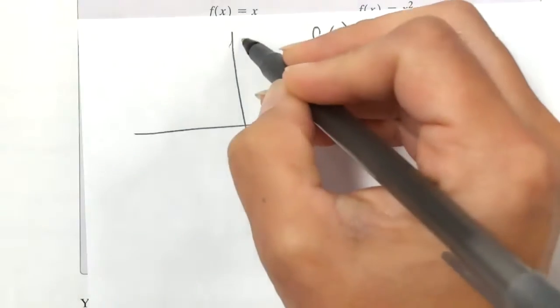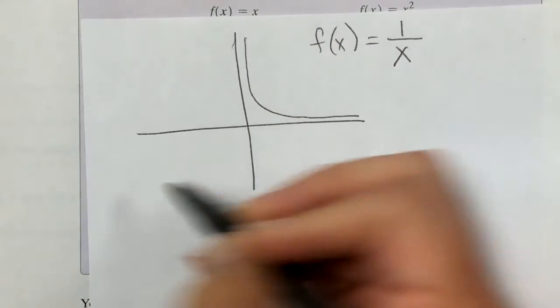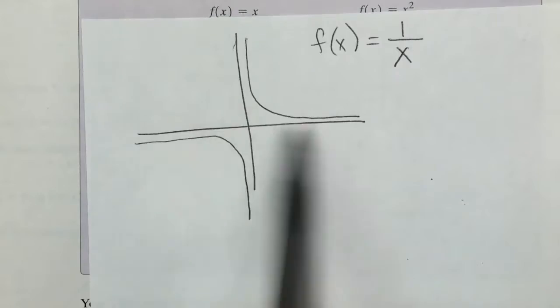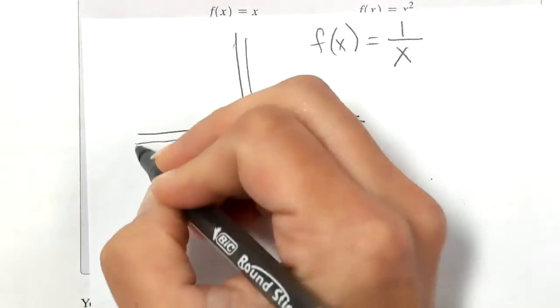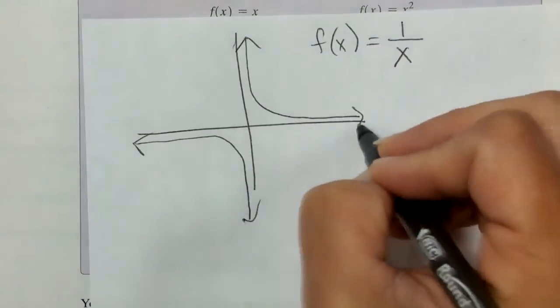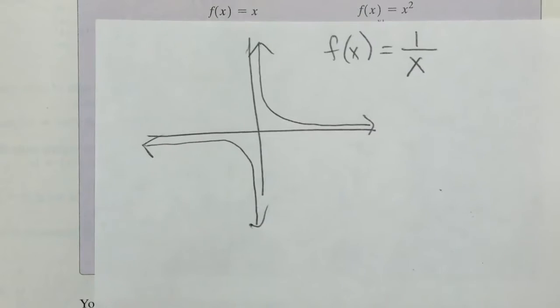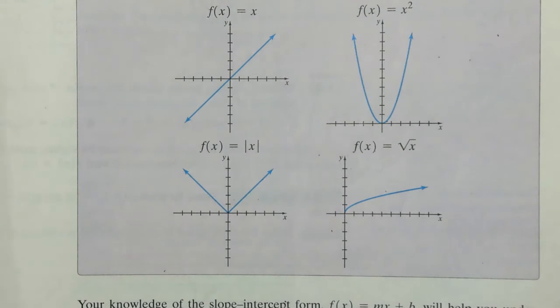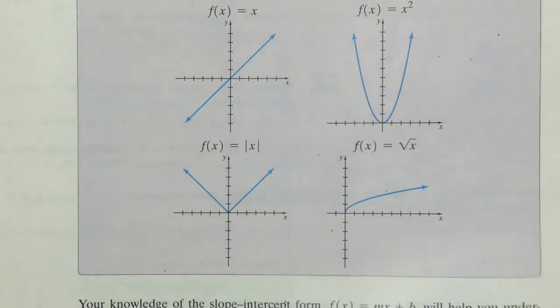So those are going to look like this, where they're approaching your axes, but not touching. Okay, so there's your reciprocal graph example. Okay, let's see what else we have here.